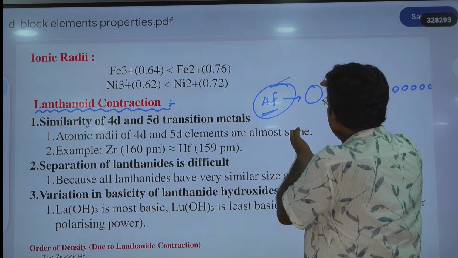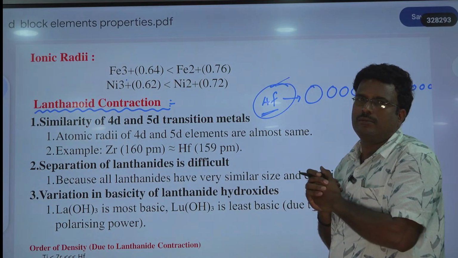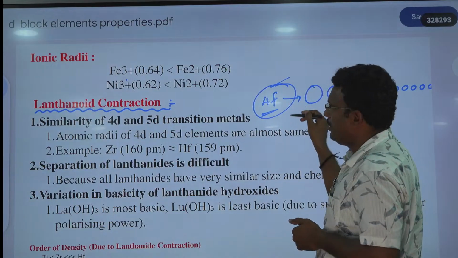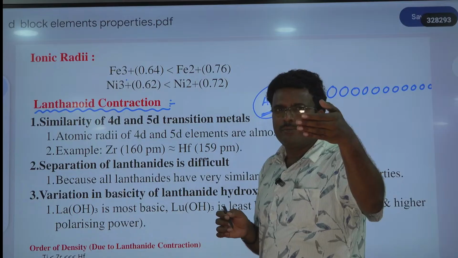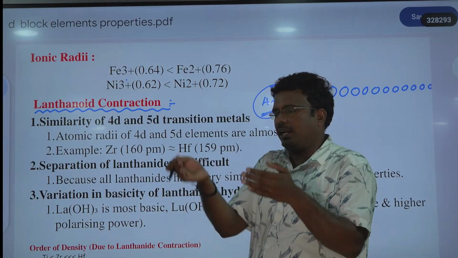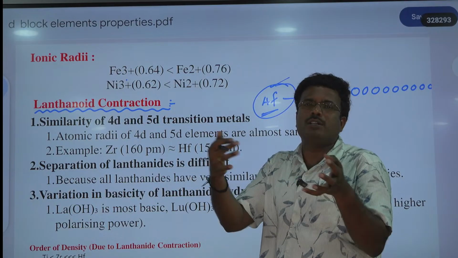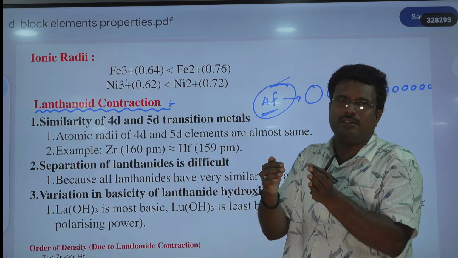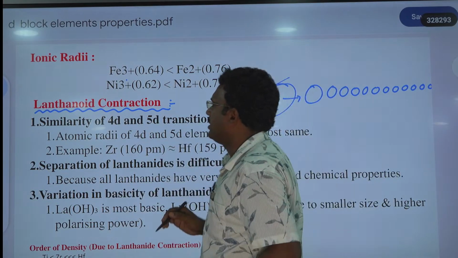Why do the elements contract? Because electrons entering the 4f orbitals increase the effective nuclear charge, so the elements contract. It is easily observed in the 4f series.